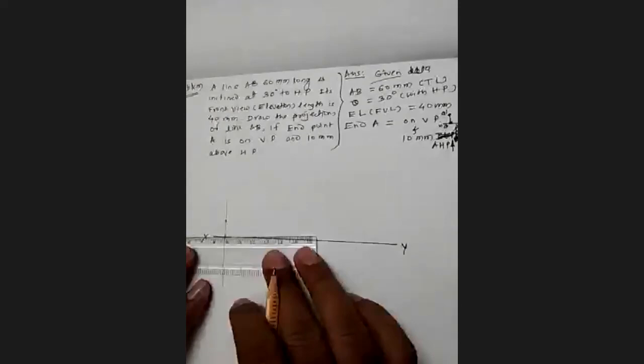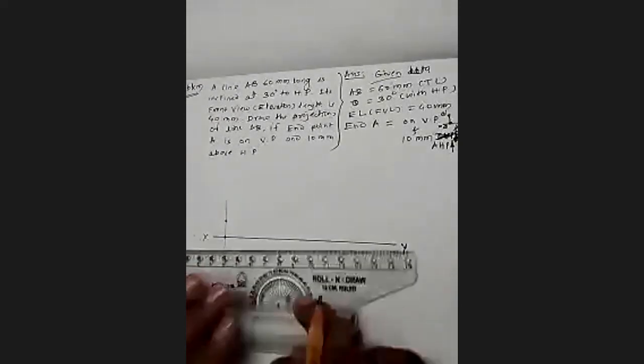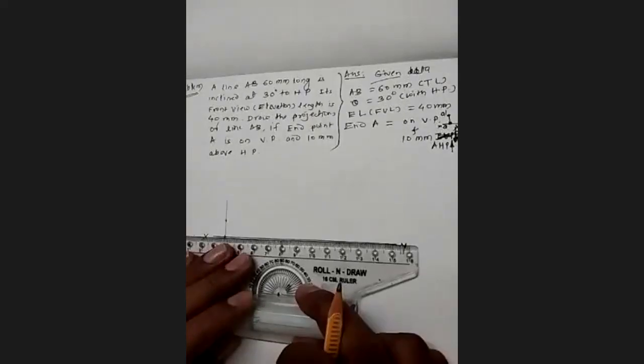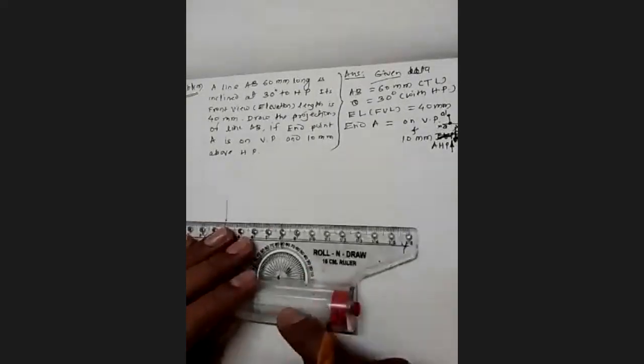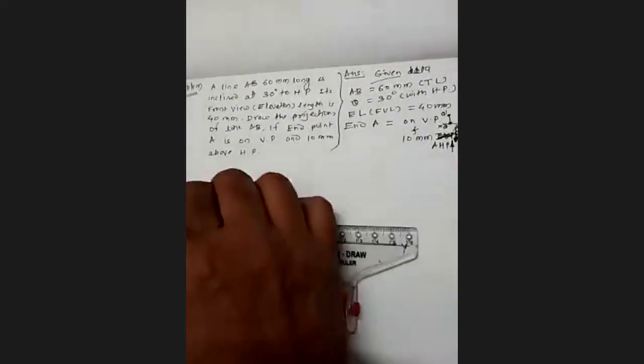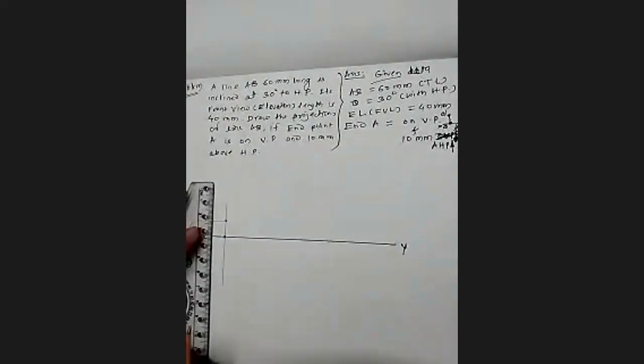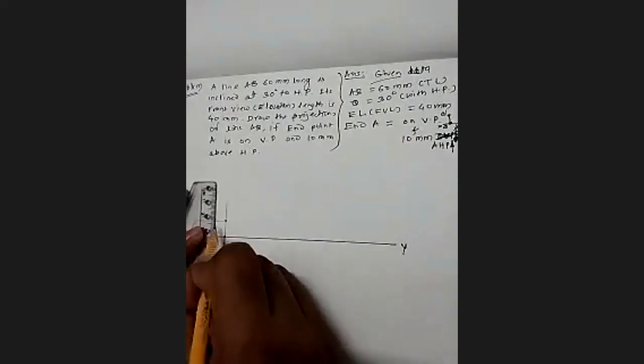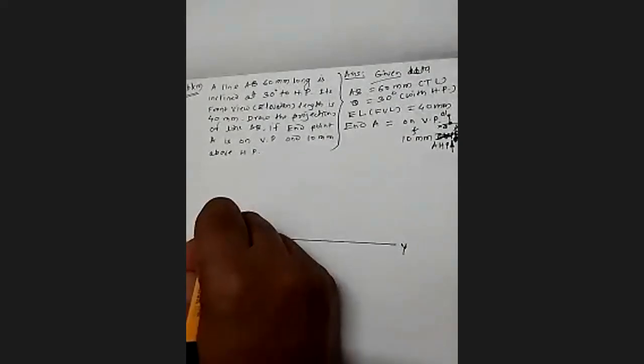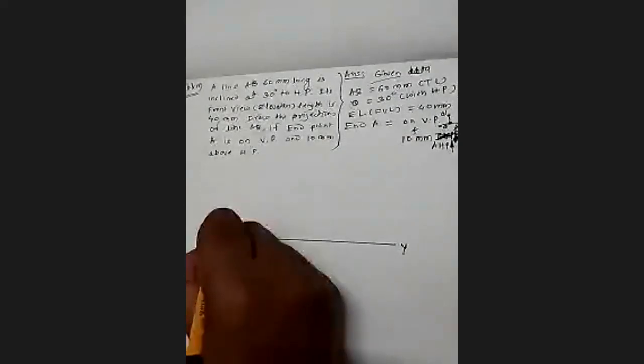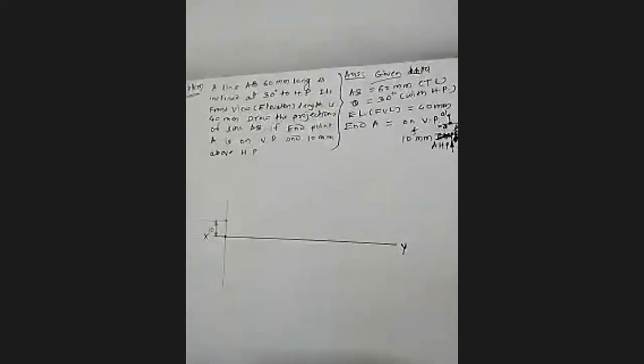How can we name this point? This is 10 millimeter above the XY line, because it is given as 10 millimeter above HP. That's why we have taken this. So I say it's 10.